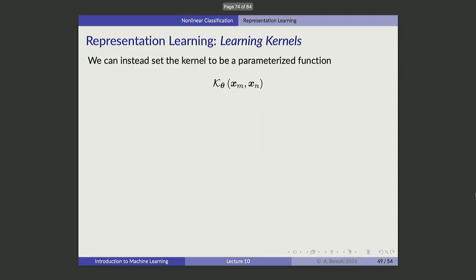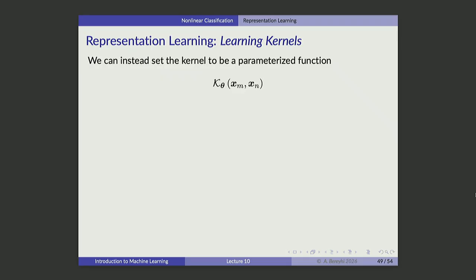So the idea here is that I can decide for one kernel which has a bunch of tunable parameters. I'm showing it by theta, right? For instance, in the Gaussian kernel that I showed you, I can leave the parameter sigma to be learnable, to be tunable, right? So I do not say that sigma should be 1, 2, or anything.